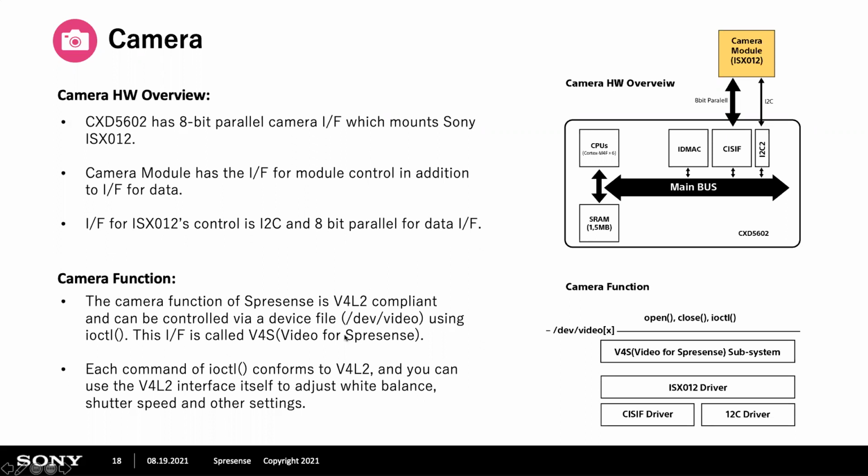Here we have something that is V4S, Video for Spresense, which is similar to and compliant with V4L2. If you look at this picture on the right-hand side at the bottom, when you go to dev video, this is going to give you all of the subsystems to support the device, which is the camera that I told you.